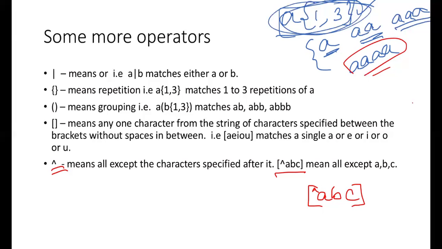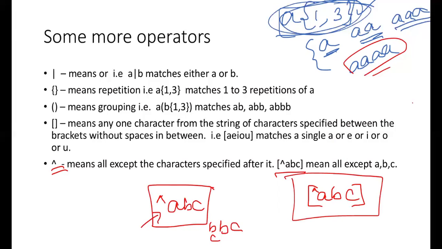But if I write A, B, C with a caret without the square bracket, it means not A. So it can be any character here other than A, but the ending must be C. It can be B, C, D, any character, but not A. So you can notice the difference between this and this, because the square brackets represent this class of characters.